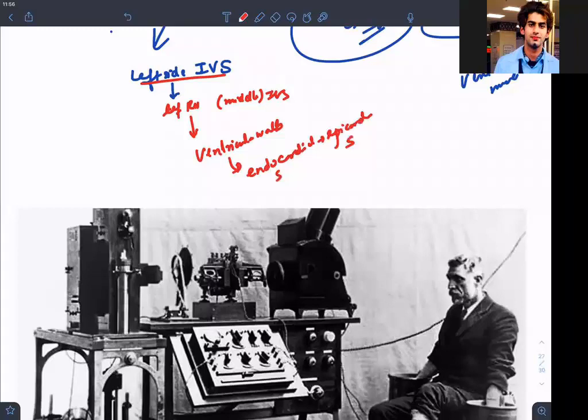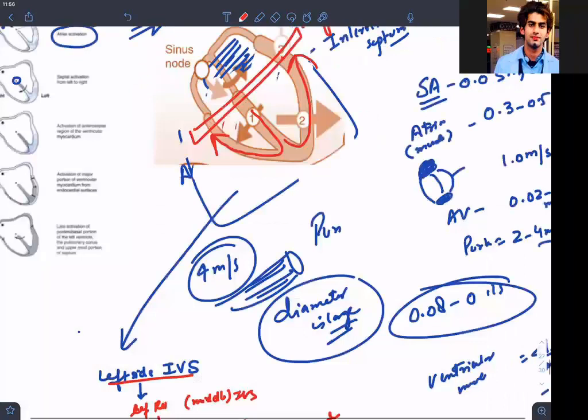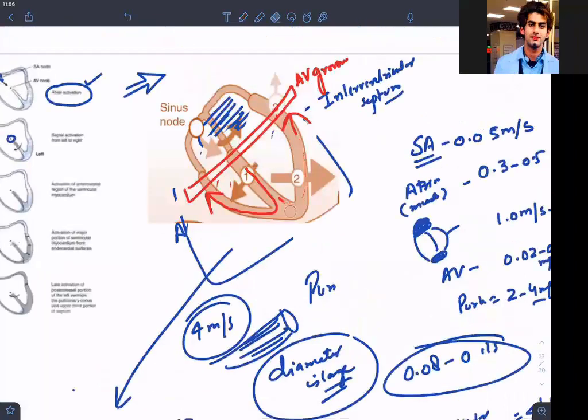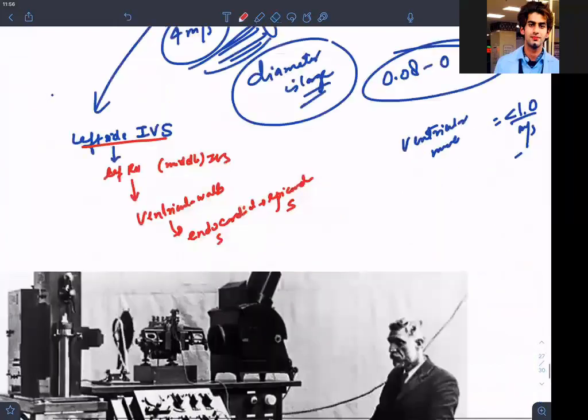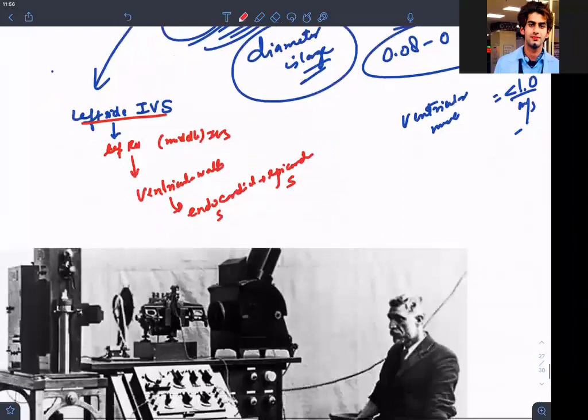Which is the last part of the heart to get depolarized? The question is, which is the last part of the heart to get depolarized? Yeah, you will tell me. The last part to get depolarized is posterobasal, I think. Yeah, it should be posterobasal.